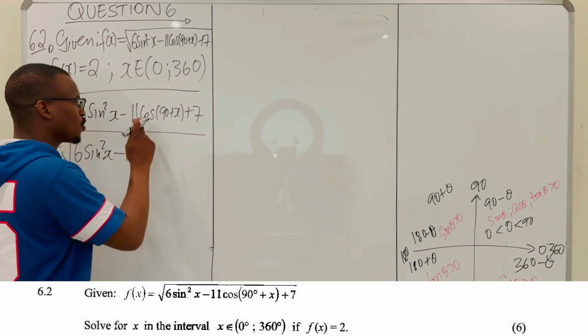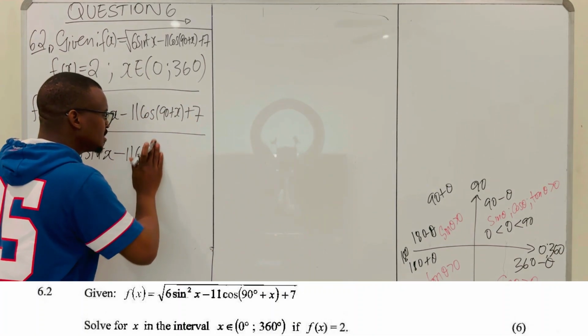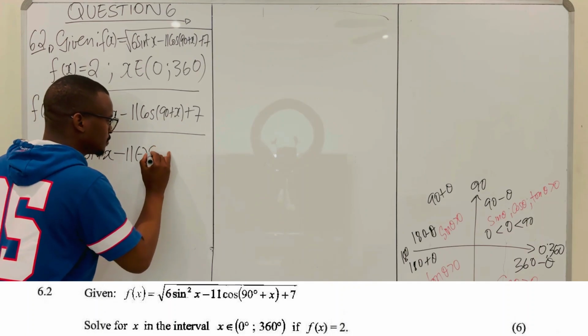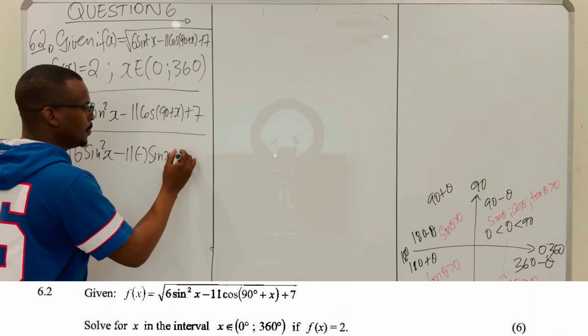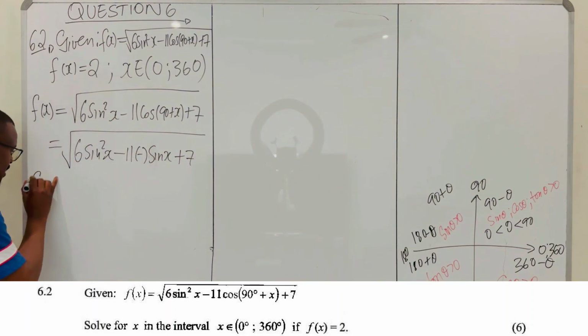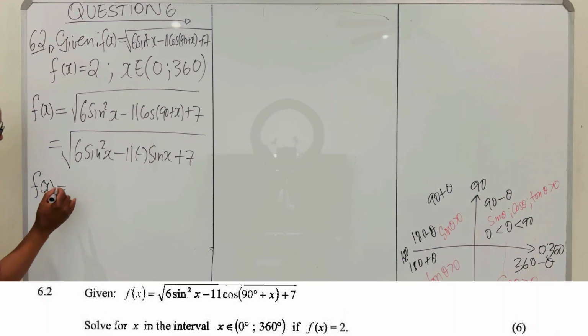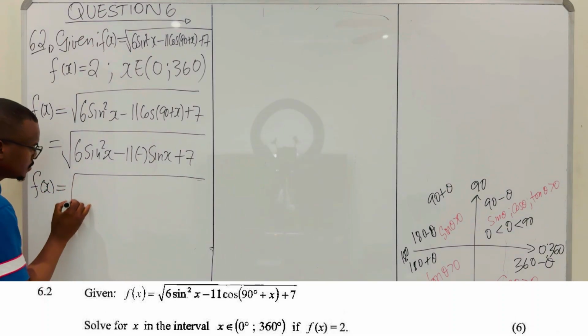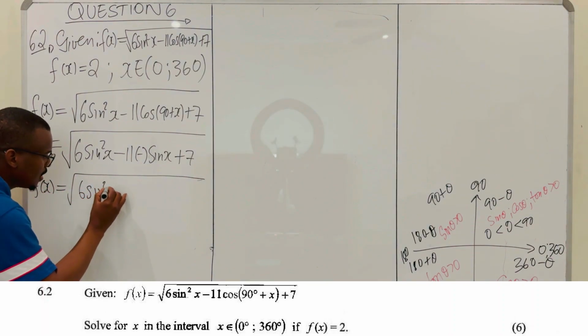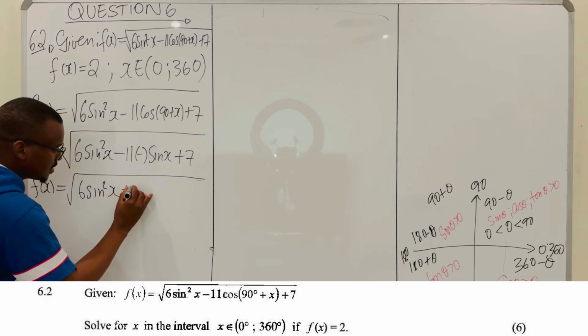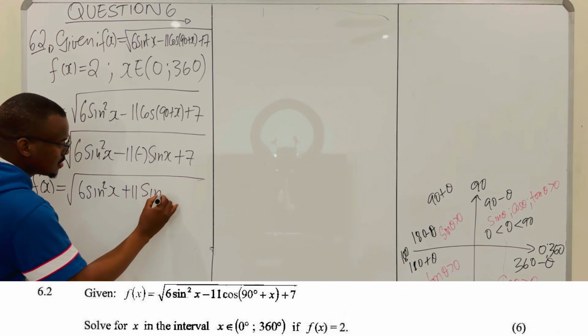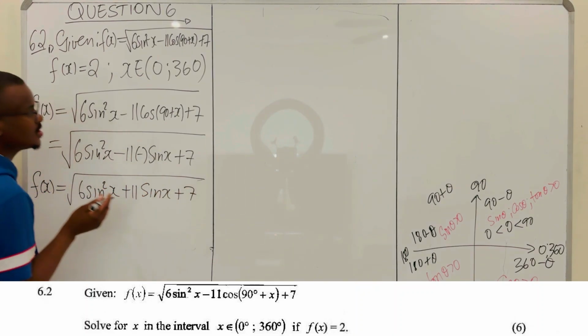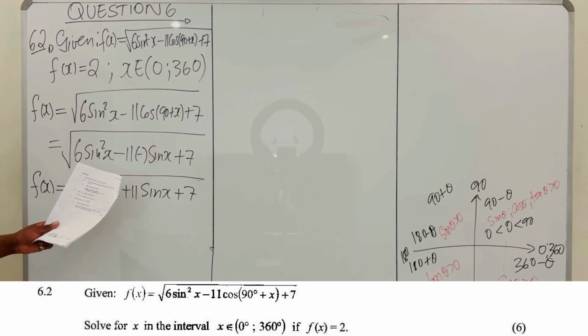In this case with cos, we'll have sine of x plus 7. So your f of x is equal to the square root of 6 sine squared x plus 11 sine x plus 7. This is what we have.